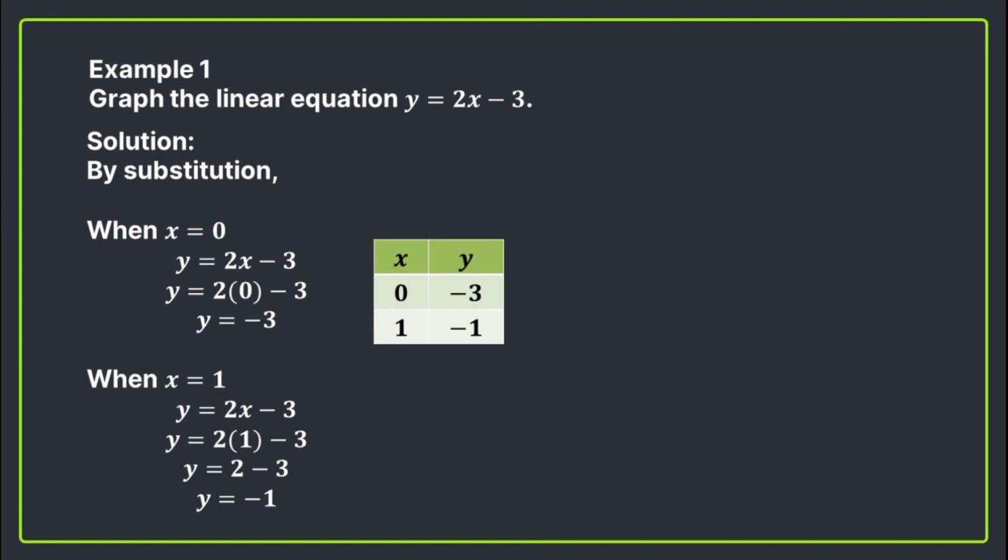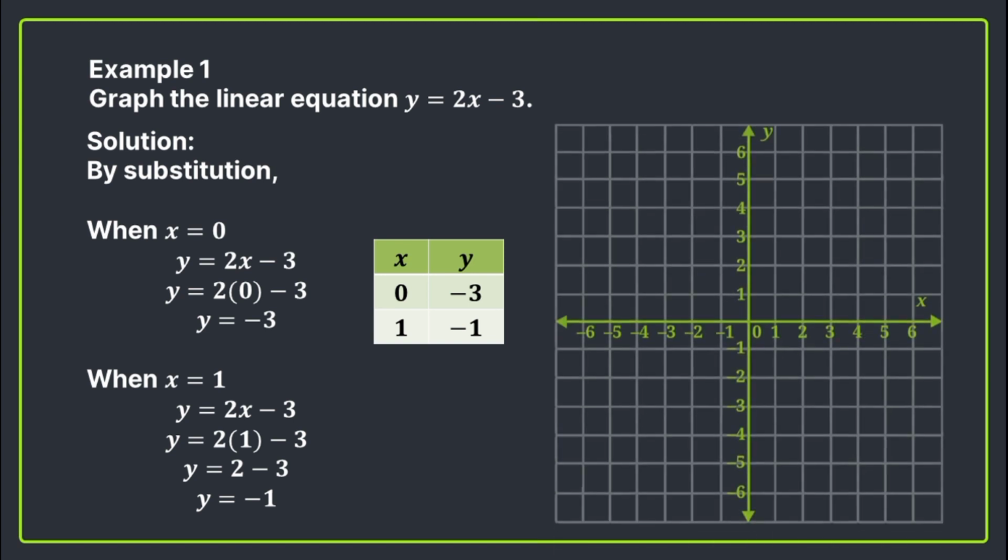The solution implies that if x is equal to 0, then y is equal to negative 3. Also, if x is equal to 1, then y is equal to negative 1. Thus, the ordered pairs are (0, -3) and (1, -1). This means that the line passes through these points.